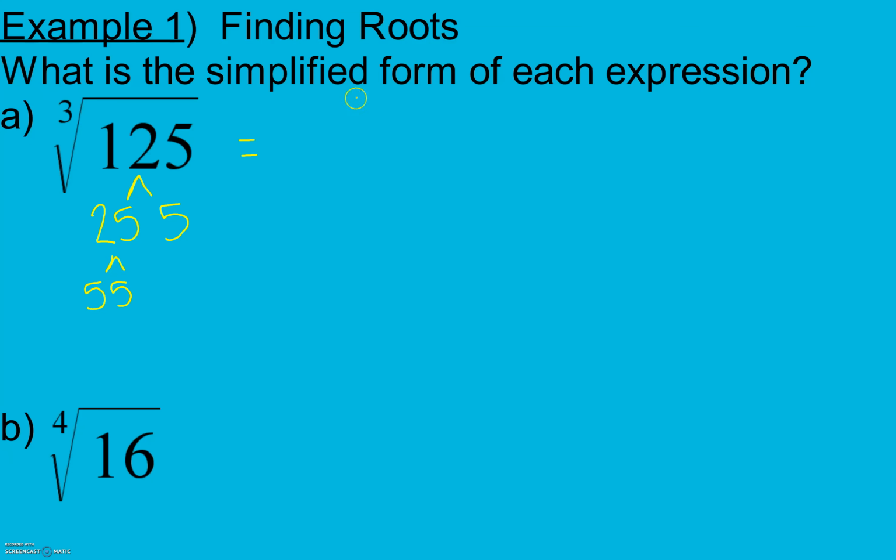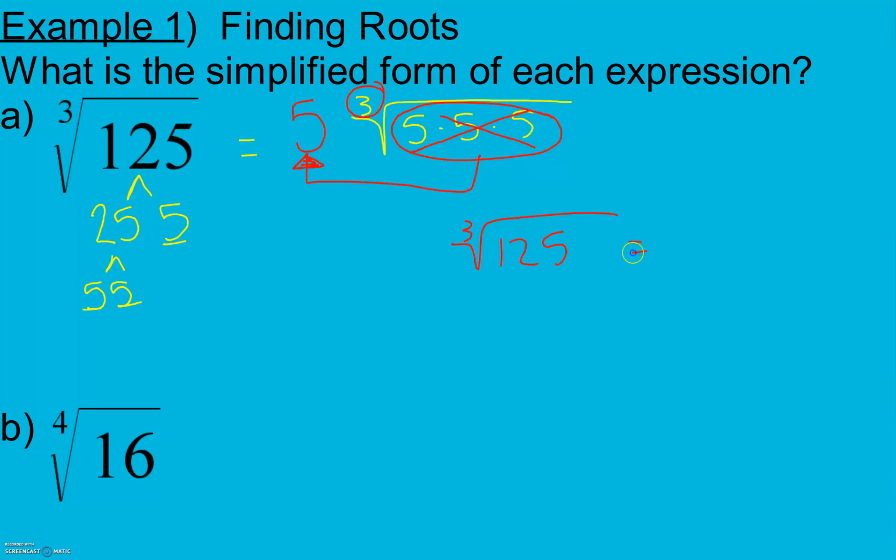So I can rewrite this as the cubed root of 5 times 5 times 5. I'm looking for groups of 3 things, and here I have three 5s. They all come out as just a group of 5s, and I have nothing left inside. So the cubed root of 125 equals 5.